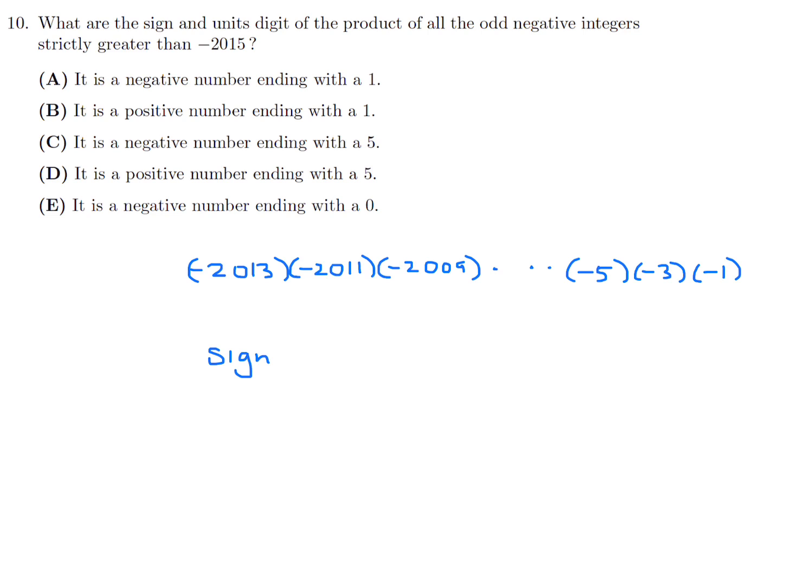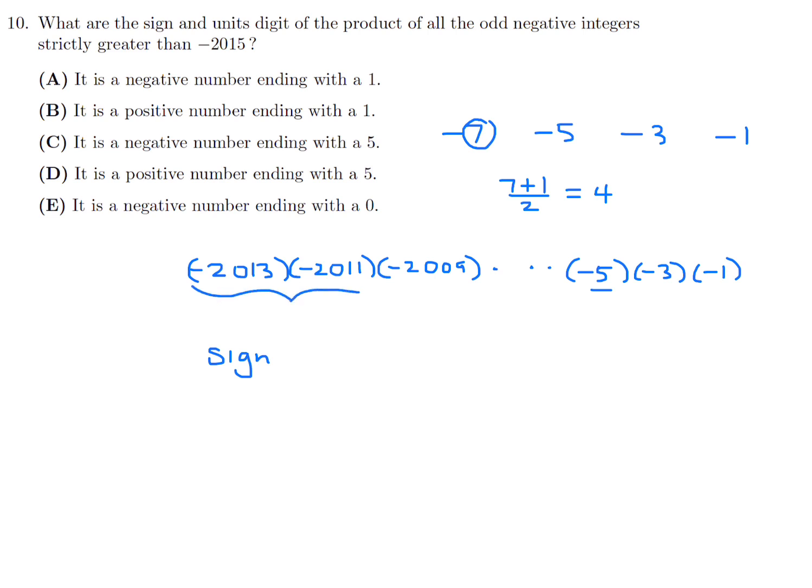Well, the way I did it was, if I only had, let's say, negative 1, negative 3, negative 5, and negative 7, and I said, well, how many numbers are there? Obviously you can just count them. But how do I get the answer 4 if it's very long? You take this number, add 1, and divide by 2. It's a simple trick, and I'm sure you know that already.